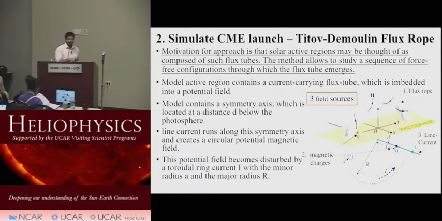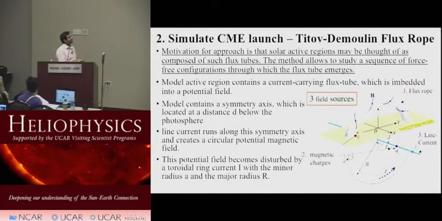And so in this mathematical set of equations, the three things you want to take away is that they have three field sources for which they create their flux rope structure. One is the twisted flux rope itself.